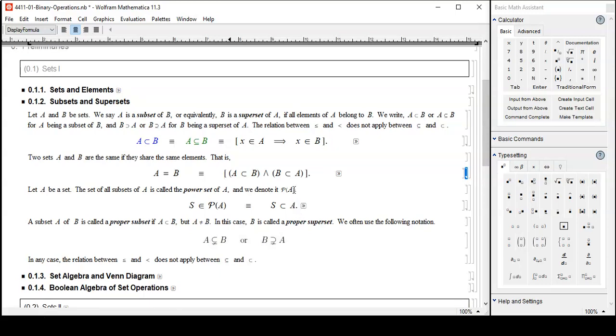The next topic, the power set. The set of all subsets of a certain set A is called the power set of A, and we use this notation, P of A. In other words, a certain set S is a member of a power set, that's the same as S is a subset. So blue and green mean the same thing.